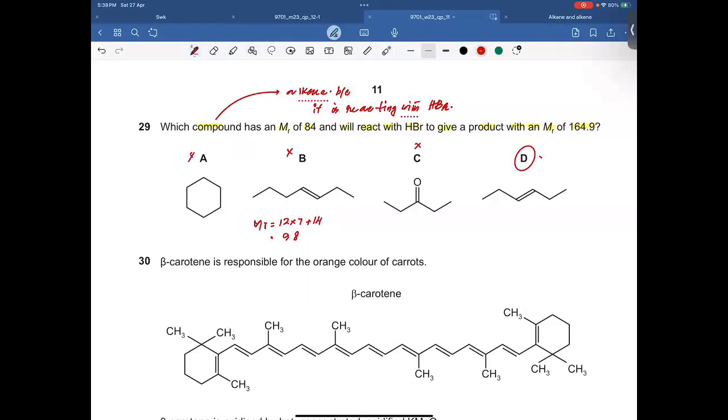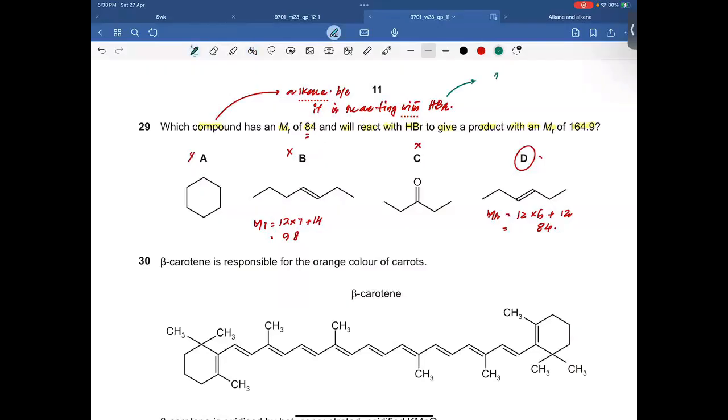Let me get the MR of D. 1, 2, 3, 4, 5, 6 carbon atoms. So 12 times 6 plus, let's count hydrogen. 1, 2, 3, 4, 5, 6, 7, 8, 9, 10, 11, 12. So we have 12 hydrogen atoms. So 12 times 6 plus 12 hydrogen is going to be 84. All right. And also, when you add HBr, take out the MR of HBr.